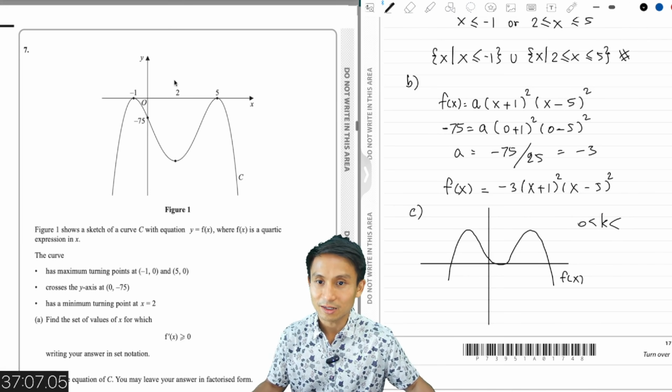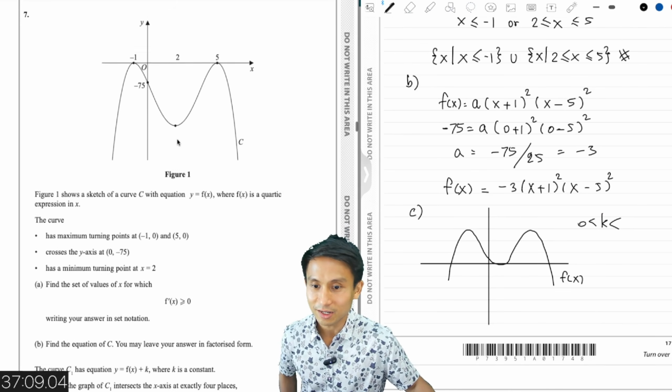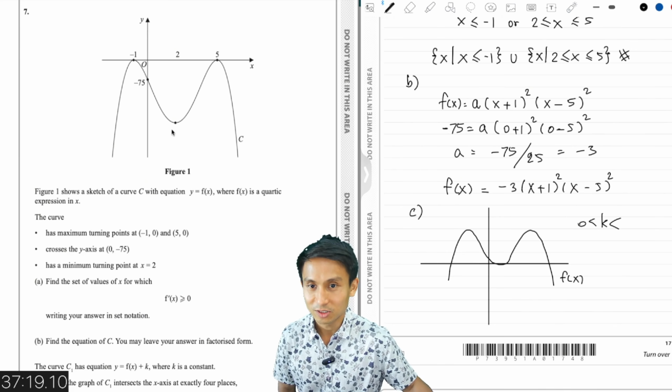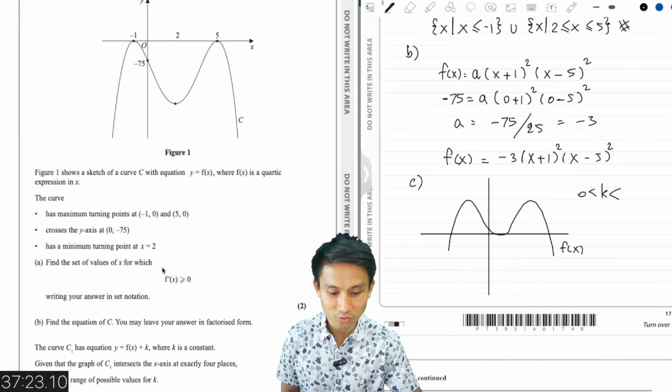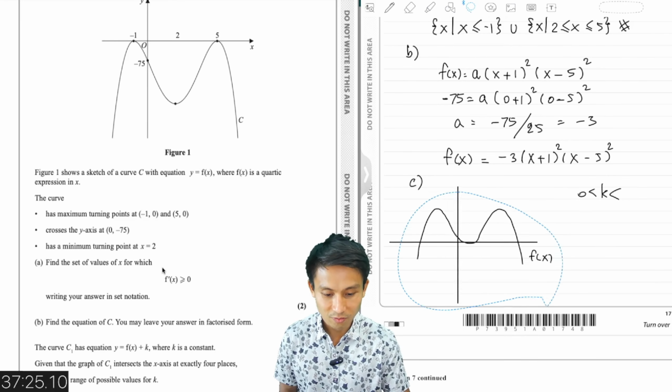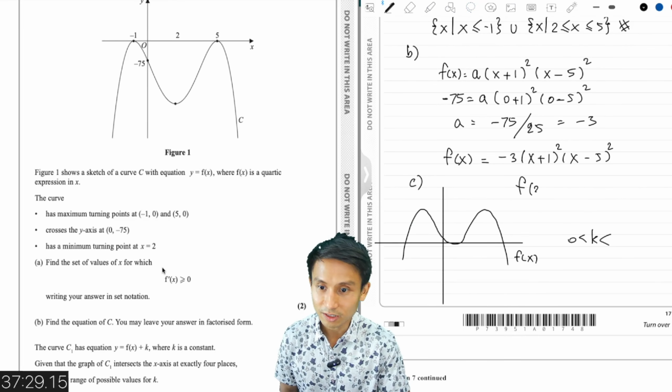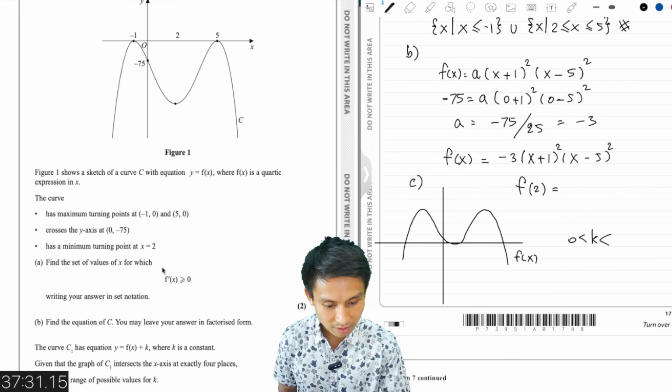So what's that? Okay, we need to find the coordinate of the turning point, right? Because by that we know the height here. So we're going to plug in 2 because it gives the turning point here, yeah? So we're going to plug 2 into f(x) to see what that gives you. So I'm just going to do f(2) here, equals minus 3.